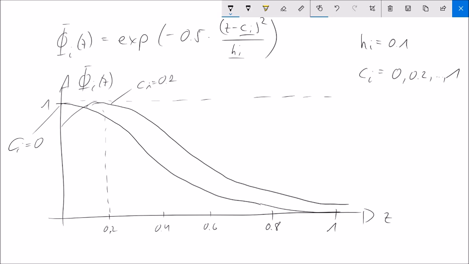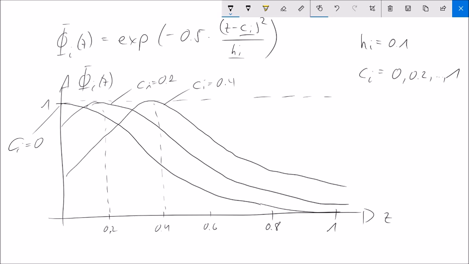And I can draw another function, which would look like this. Now you should be able to guess it: c_i is equal to 0.4.